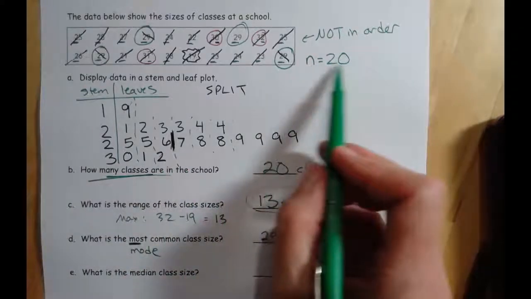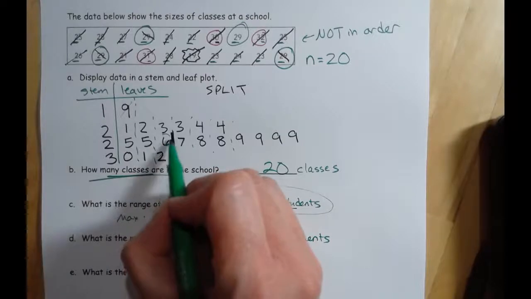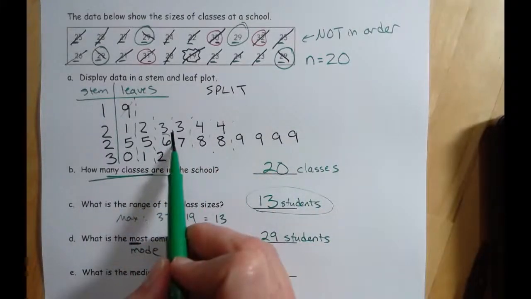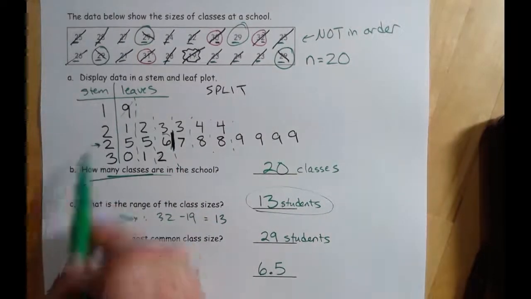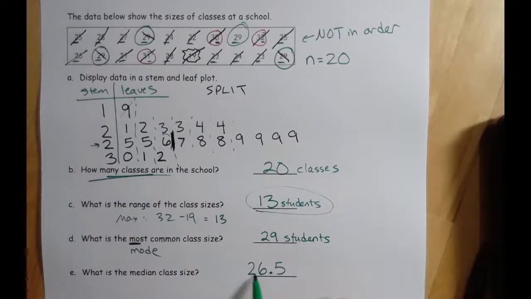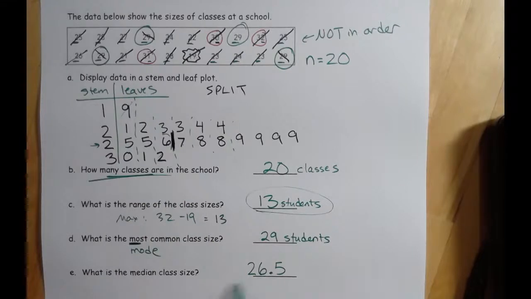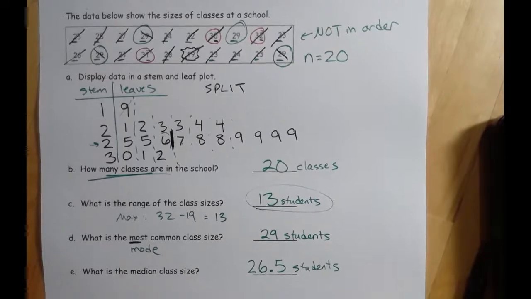If there was an odd number of class sizes, then the middle number itself would have really stood out. But again, there's an even number, so I'm going to put my line there. So the median is going to be between 6 and 7, which is 6.5. But not really. This is in the 20s row. So it's actually 26.5. This means 26, and this means 27. So this is going to be my median here. 26 and a half students. Can't really have half a student, but that's okay.